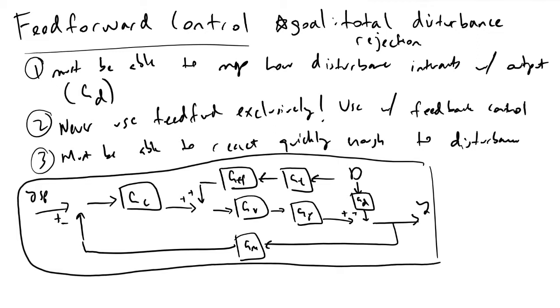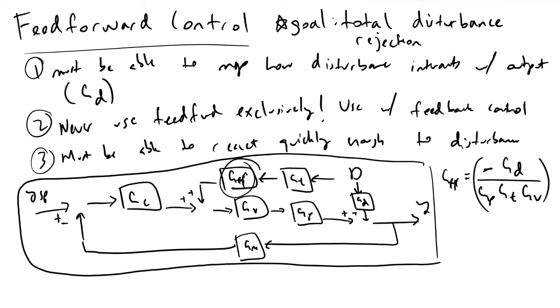And so the million-dollar question to ask here is, what do we set GFF to be, our feed-forward controller transfer function? And so GFF, and you can look this up in a textbook and use control block algebra to verify, is equivalent to minus GD, the transfer function of our disturbance variable, divided by GP, the process dynamics, times GT times GV.